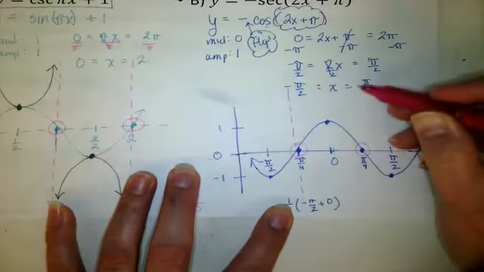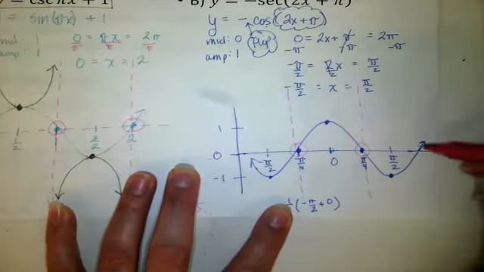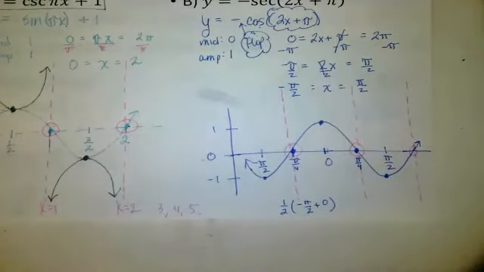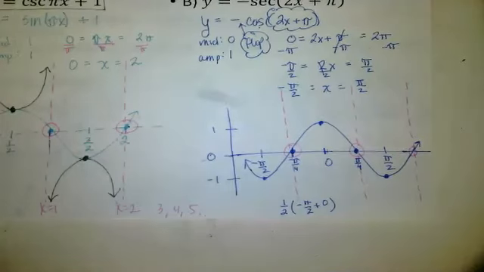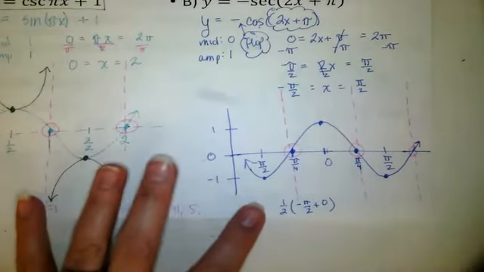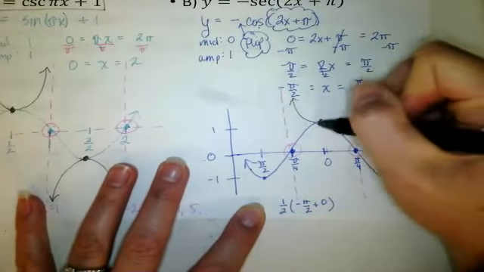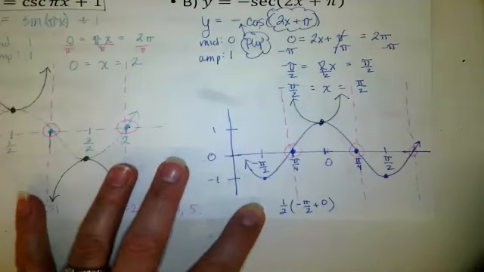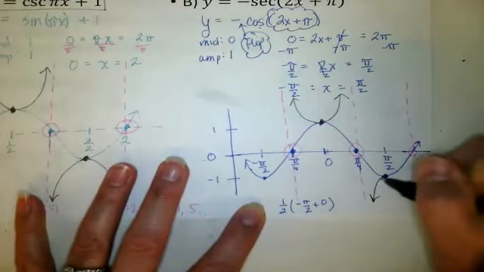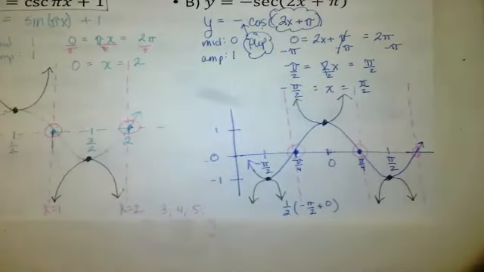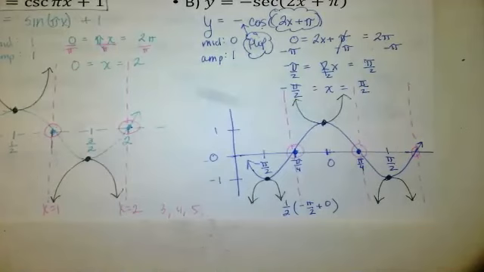So this graph only gets 2, although I have one right here, which I'll draw in as well, because I extended my curve a little bit more. So there are my asymptotes, and then any maximum flips out into an upward U, and a minimum becomes a downward U shape. Like that. Is that good enough?